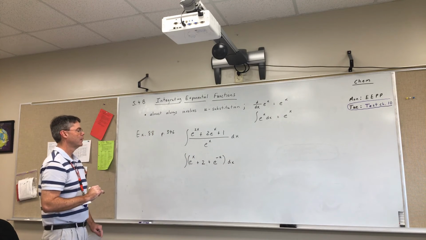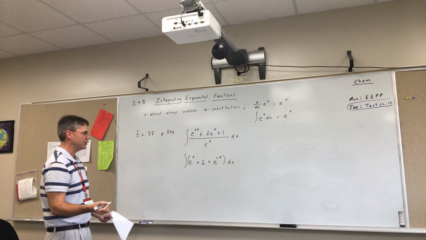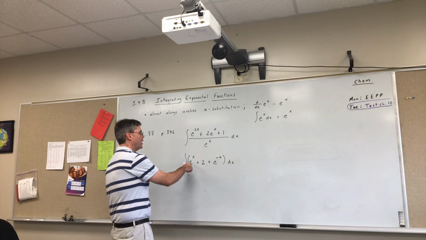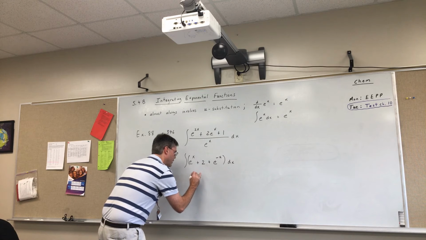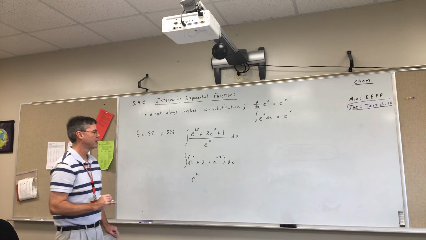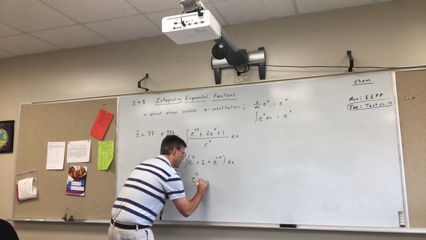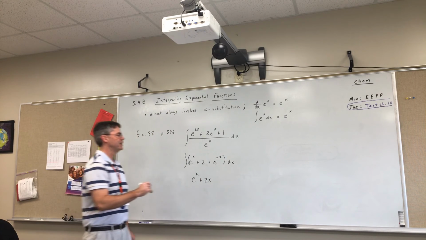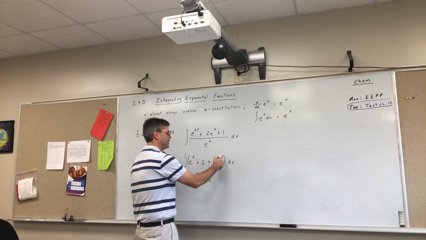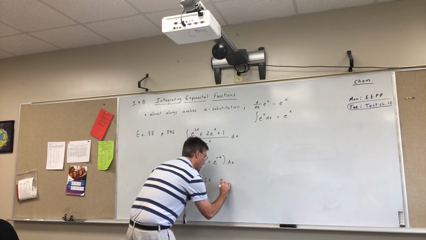All right, now I'm just going to integrate each section one at a time. So the antiderivative of e to the x is just e to the x. The antiderivative of 2 would just be plus 2x. And then the antiderivative of e to the minus x, I'm going to hold off on the sign here.